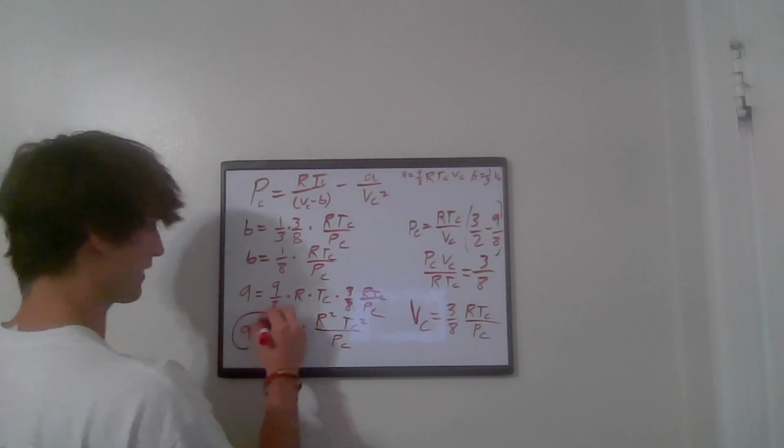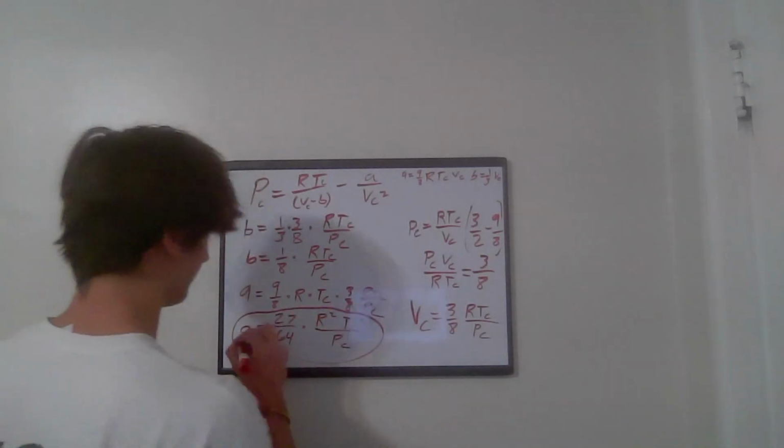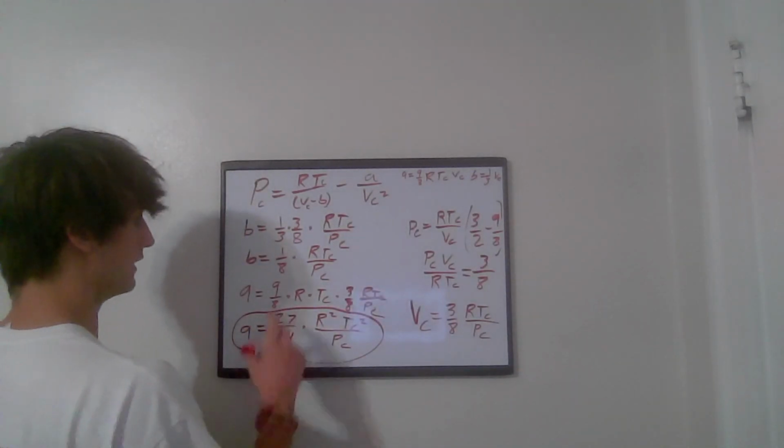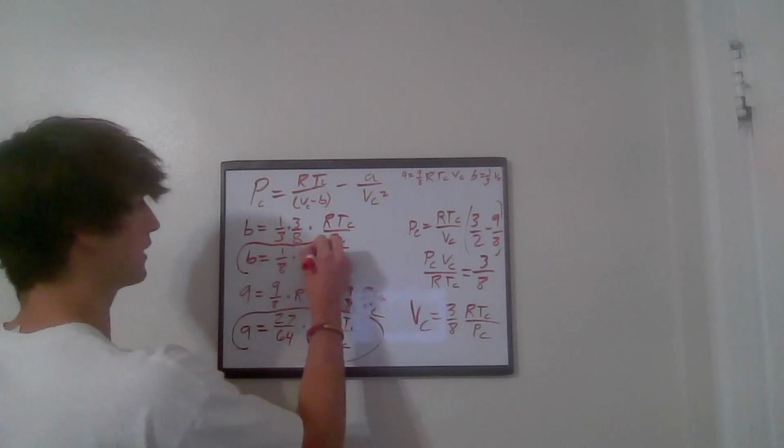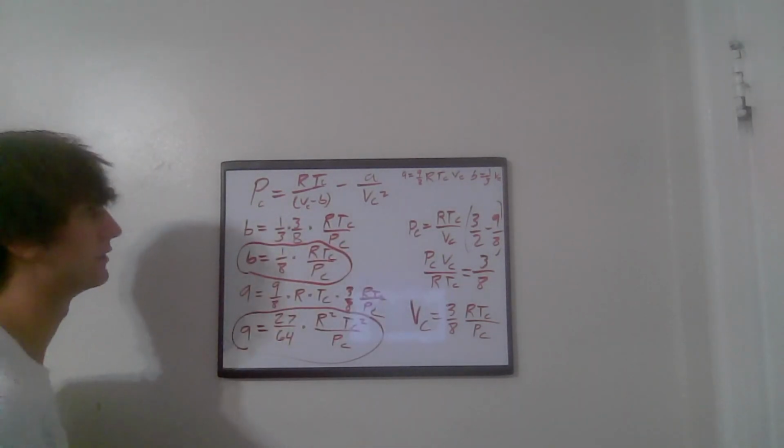So this is going to be our A, and this is going to be our B, the numerical B values and A values that we find.